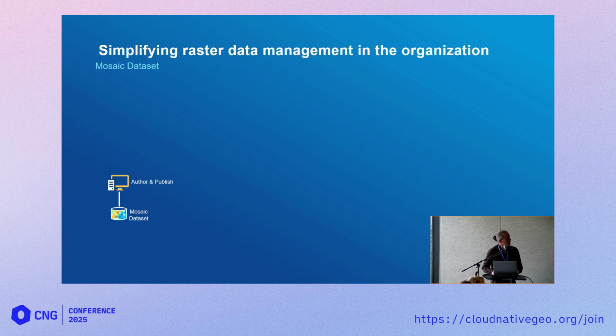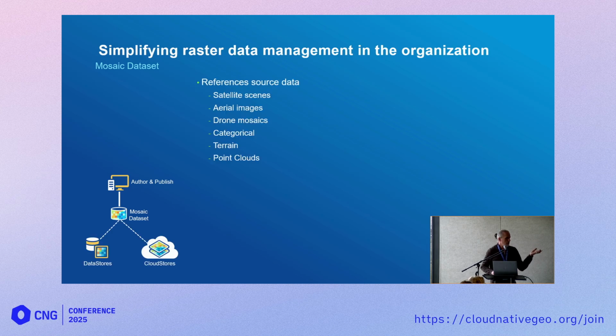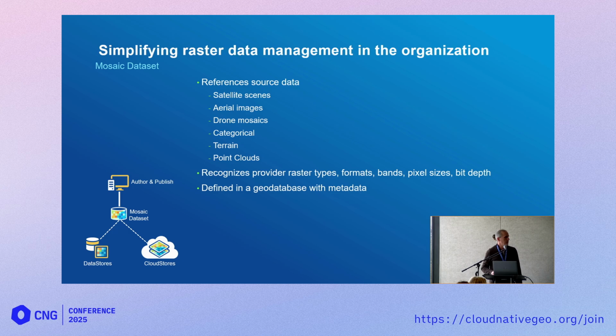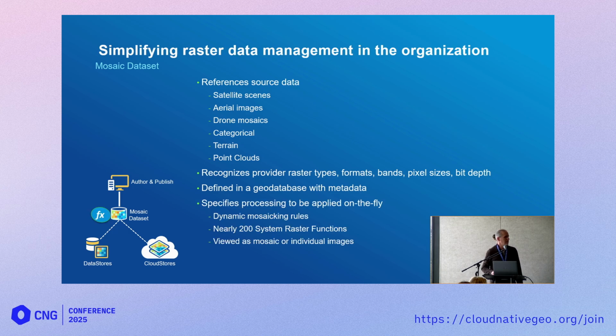Mosaic dataset, we author it by just referencing data in cloud stores or data stores. And it can be all kinds of different products from different platforms and sensor combinations. As you add the rasters, we recognize those types, formats, and metadata, and just make that part of the data model. And that gets defined in the metadata of the database.